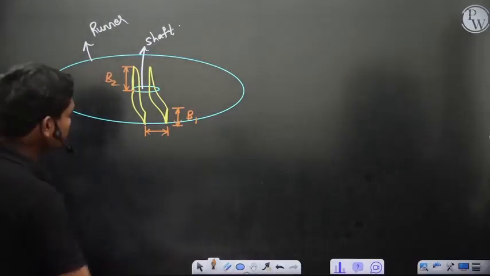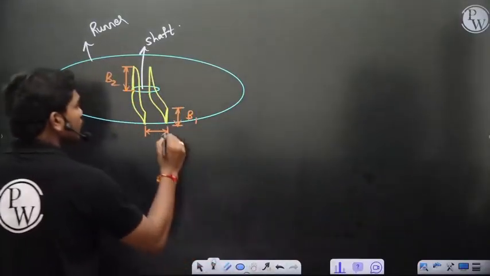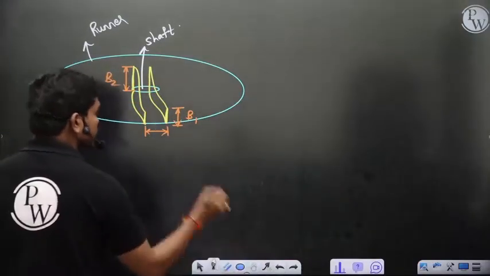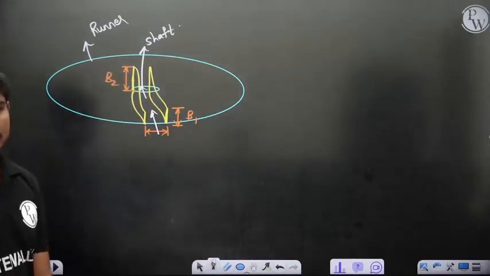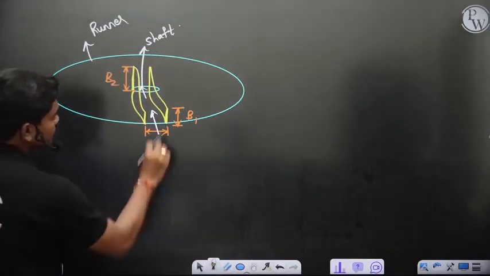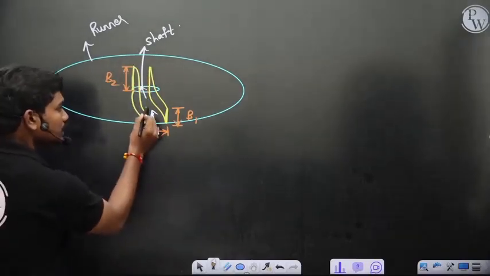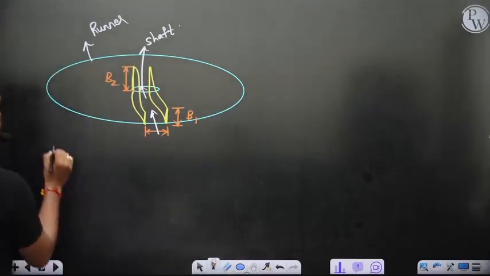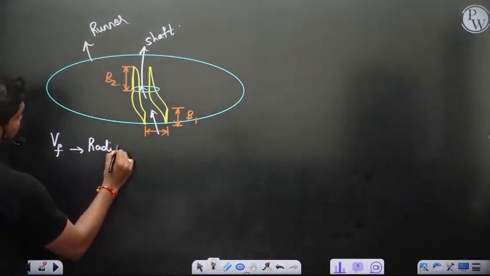If these two are the blades, what happens? Fluid will enter in this direction and move out in the downward direction. If this height of the blade is B1 and this height is B2, the velocity in this direction is purely the radial direction, correct? So Vf is the radial component of velocity.